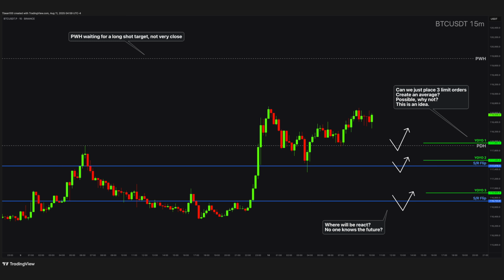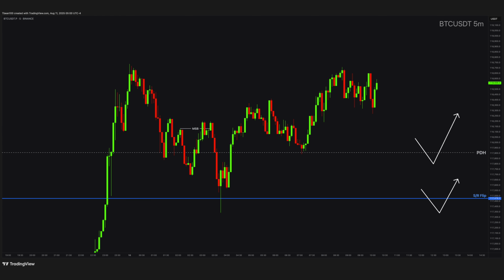Now let's imagine for a moment that you ignored the cost averaging plan and decided to use the risk to reward system. You might have noticed here there was a market structure break at the PDH bounce, which stands for the previous day high.